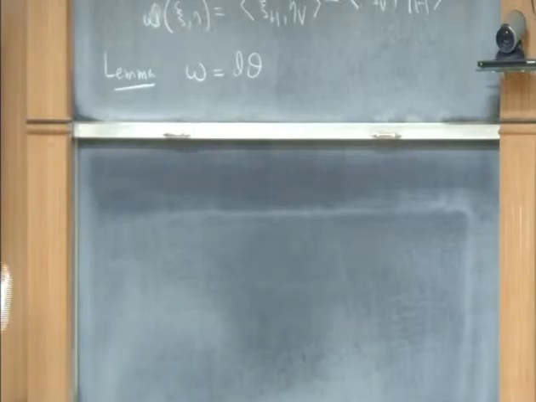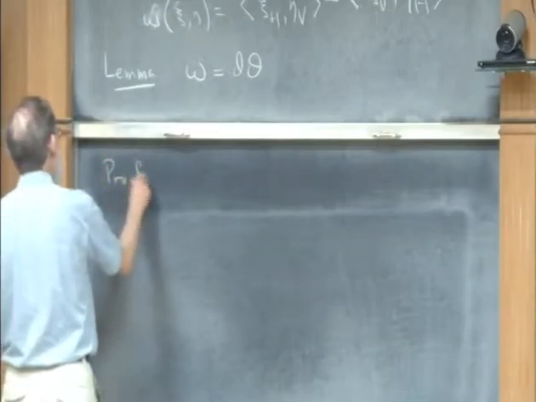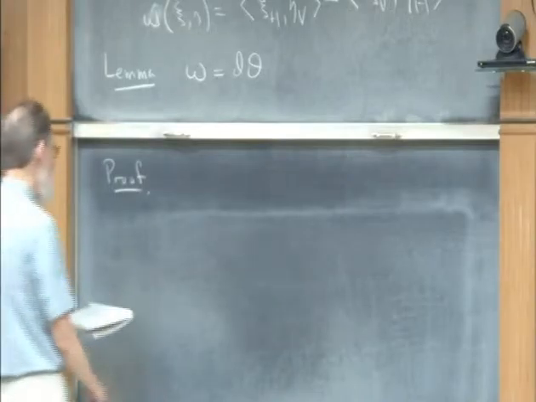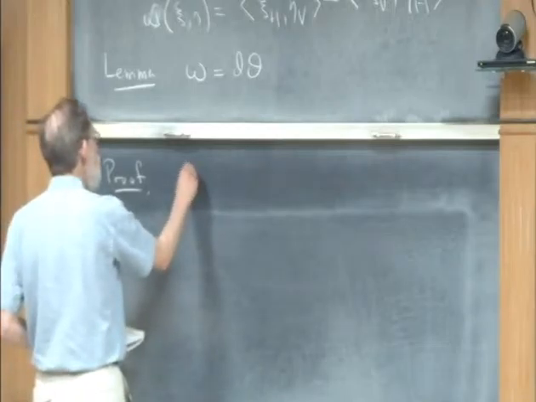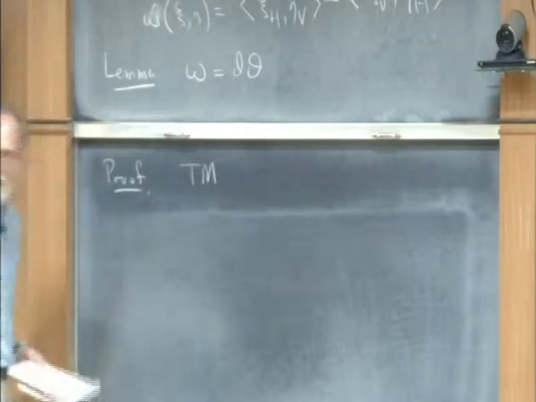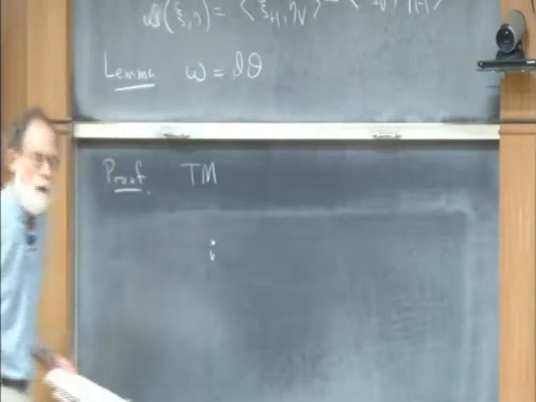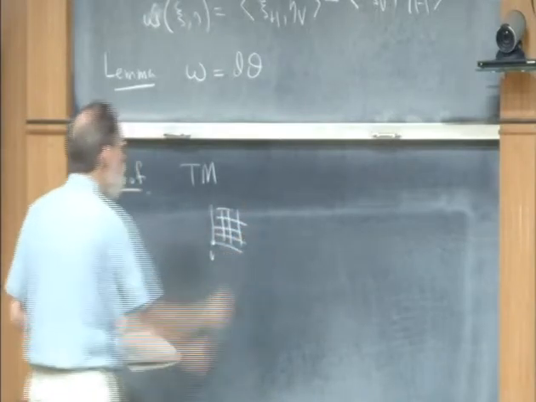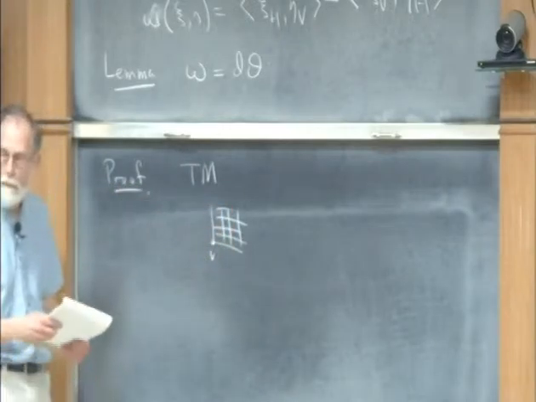So what I want to do is, maybe I'll draw a picture of what I'm going to introduce. So in TM, I've got v, and then I want to have a two-parameter family or surface in TM.